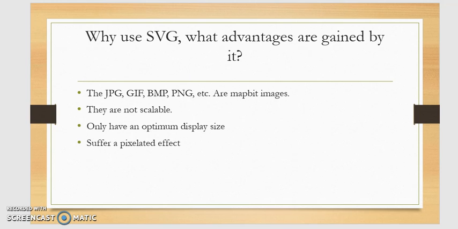That is, they have an optimum display size, and if the size in which they are displayed is smaller or larger than the image's own size, they suffer a pixelated effect, which makes it impractical to use the same bitmap image to make a miniature or scale it to appear larger than it really is.